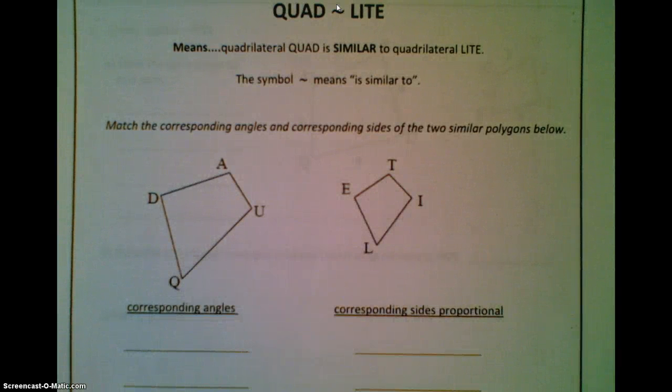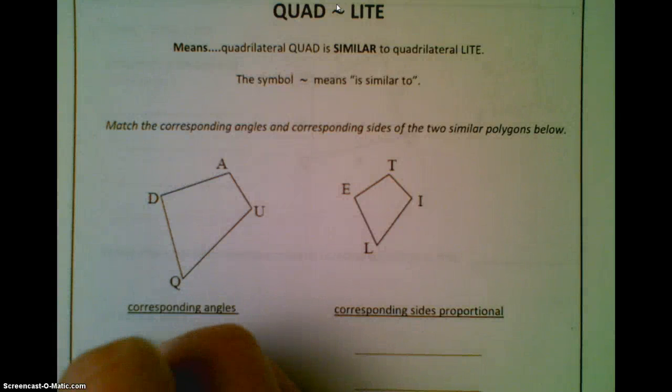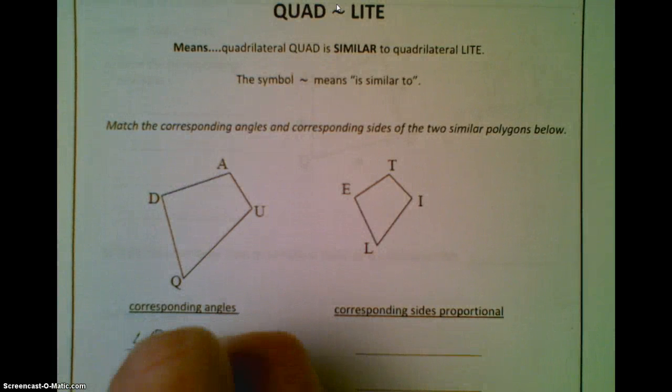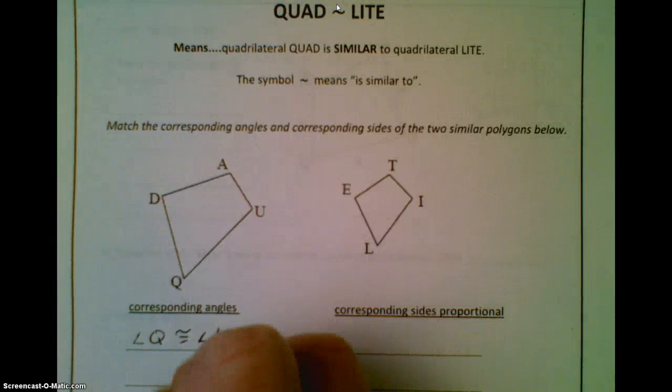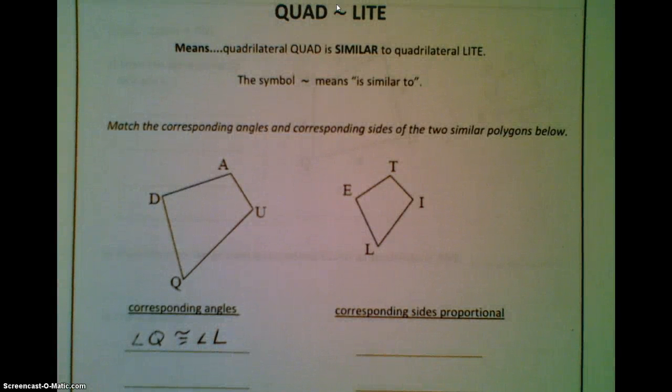So we have two quadrilaterals. And what we talked about in the definition is that the corresponding angles are congruent. So what we want to do is make congruency statements for each of the pairs of congruent angles. So I've got angle Q congruent to angle L. At this point, if you want to pause the video and go ahead and fill these in, you can check as you go.